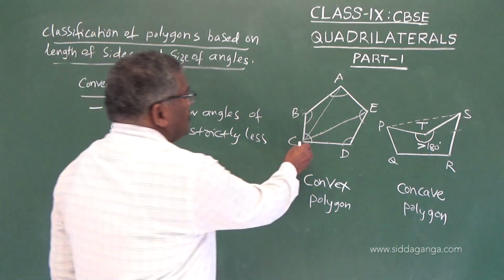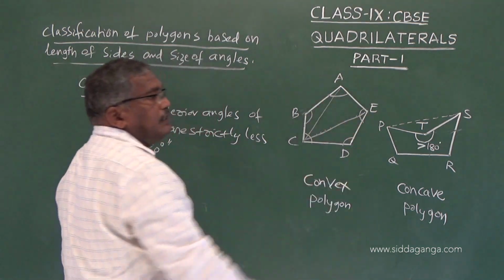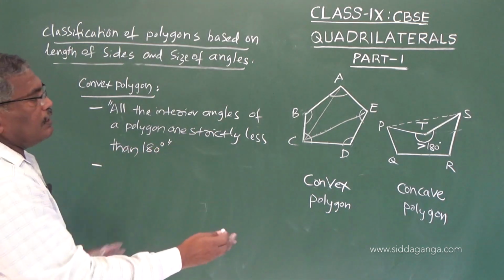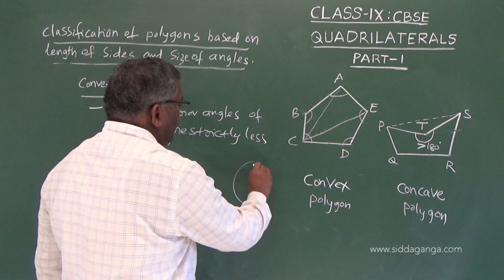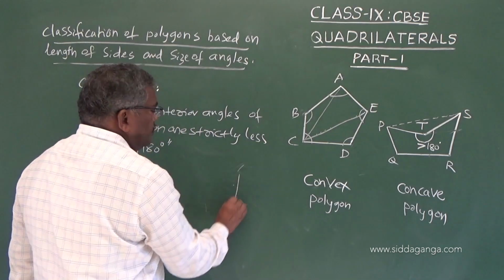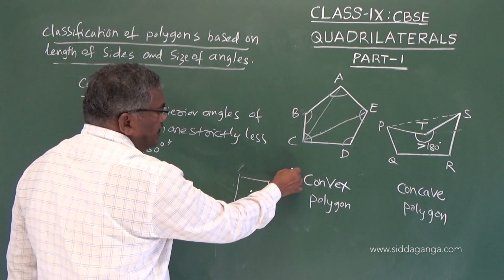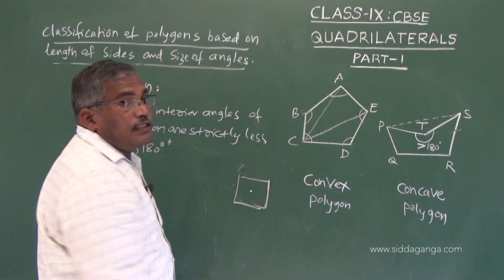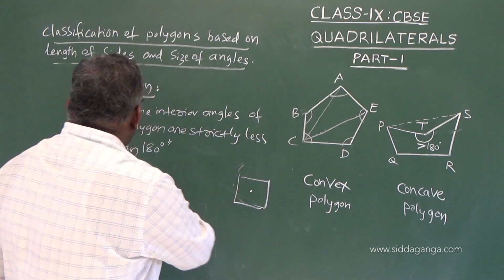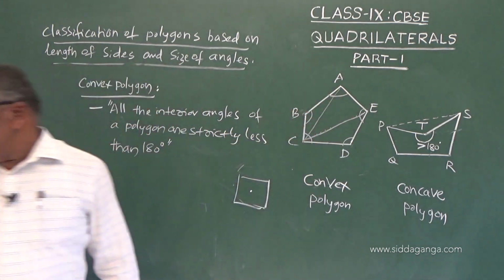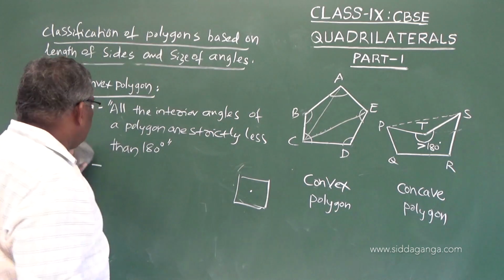The vertices A, B, C, D always point towards the exterior region. In any closed figure, we have this interior region, this exterior region, and this boundary region. So here the vertices point towards the exterior region.